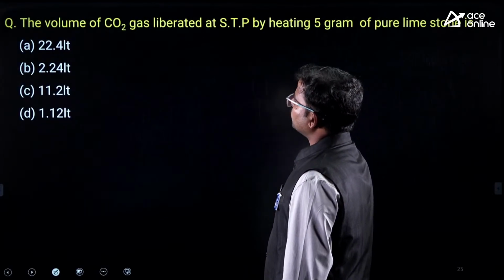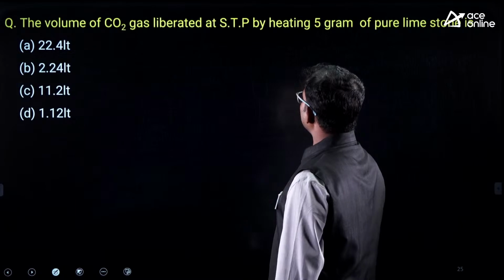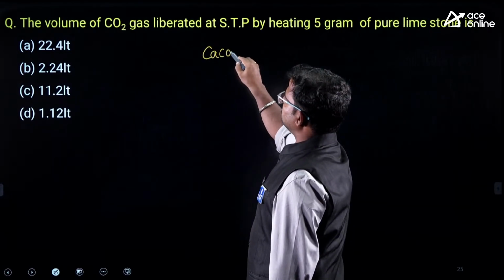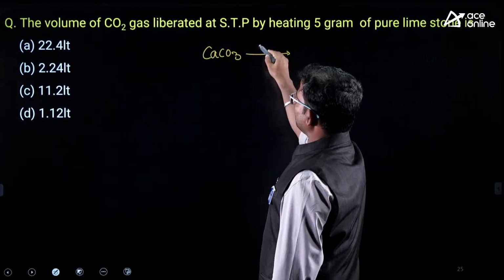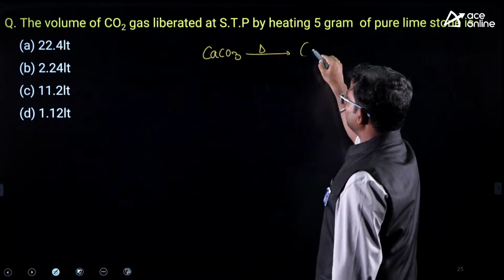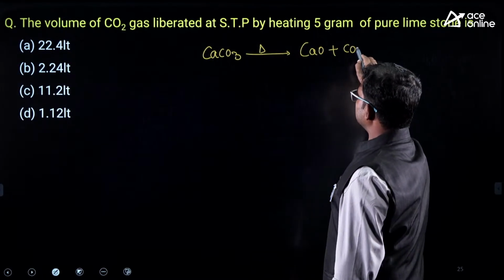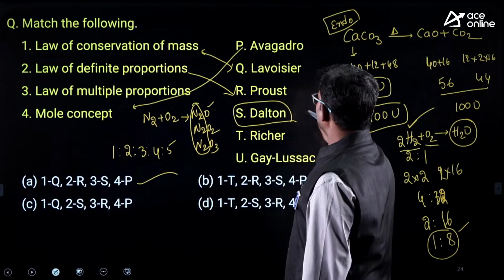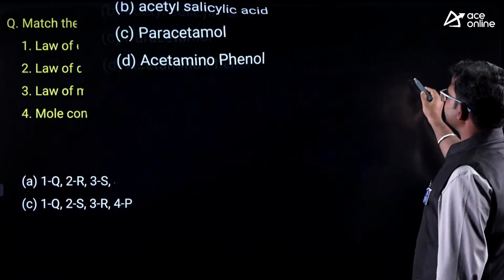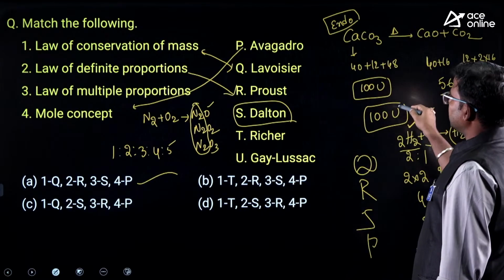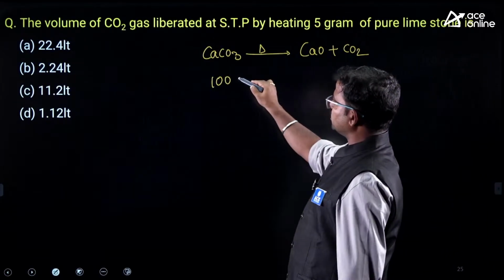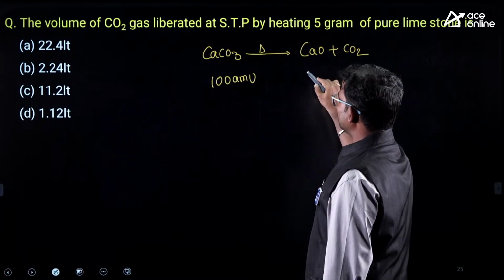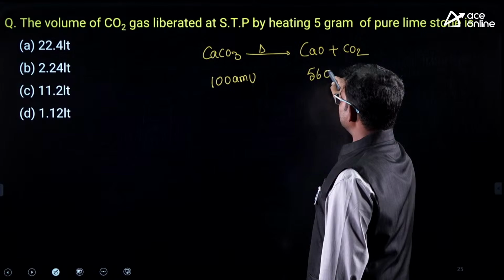So the volume of carbon dioxide gas liberated at STP by heating 5 grams of pure limestone. Suppose, guys, you consider calcium carbonate. When it is heated, what do we get? Calcium oxide plus carbon dioxide. So what is the mass of carbon dioxide? We already solved this here. 100 AMU. If you substitute that, 100 AMU or 100 U, how much calcium oxide do we get? 56 AMU.